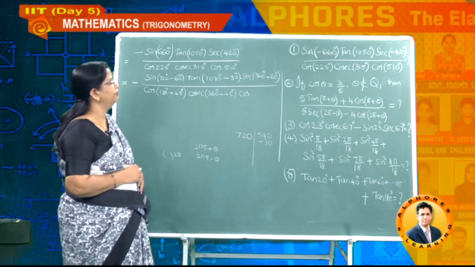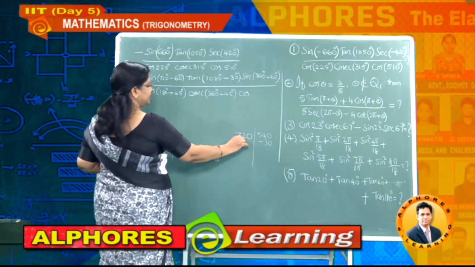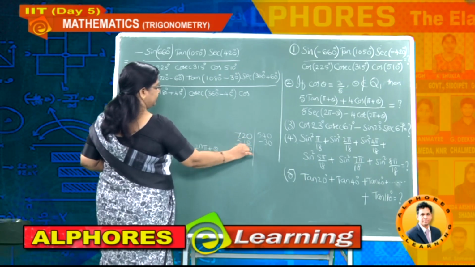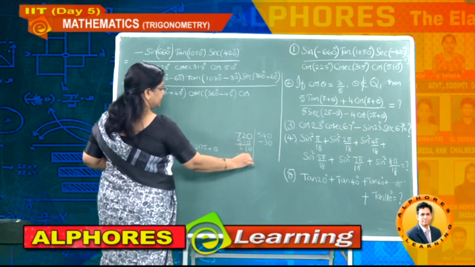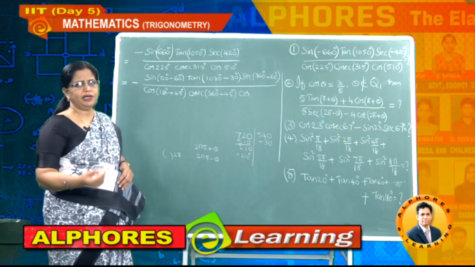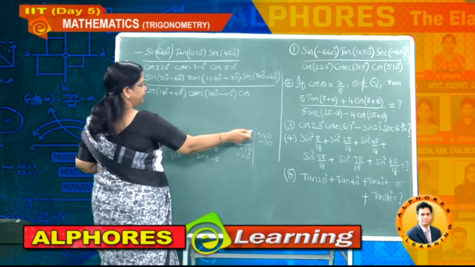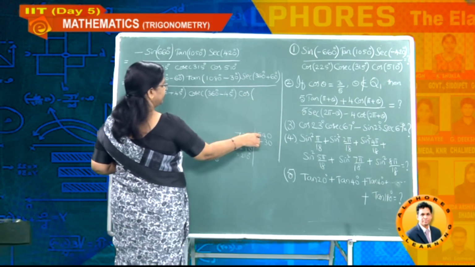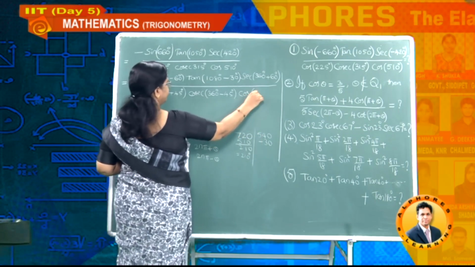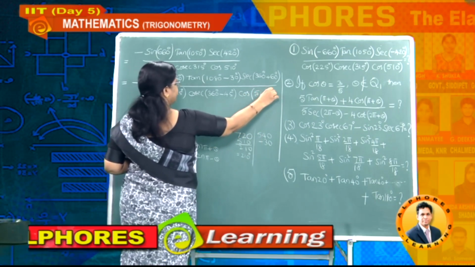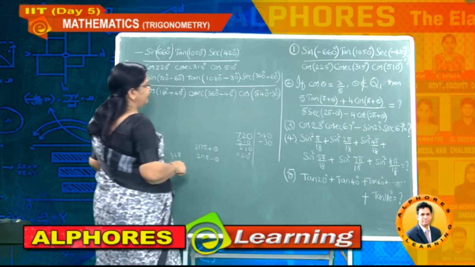Whereas 720, if I write 510 degrees, if you subtract, what is the value? 0, 1, 2. So you got this value as 210. Any of them you can apply. So let us take, what will happen even if it is odd multiple also. So 540 degrees minus 30 degrees I have taken.